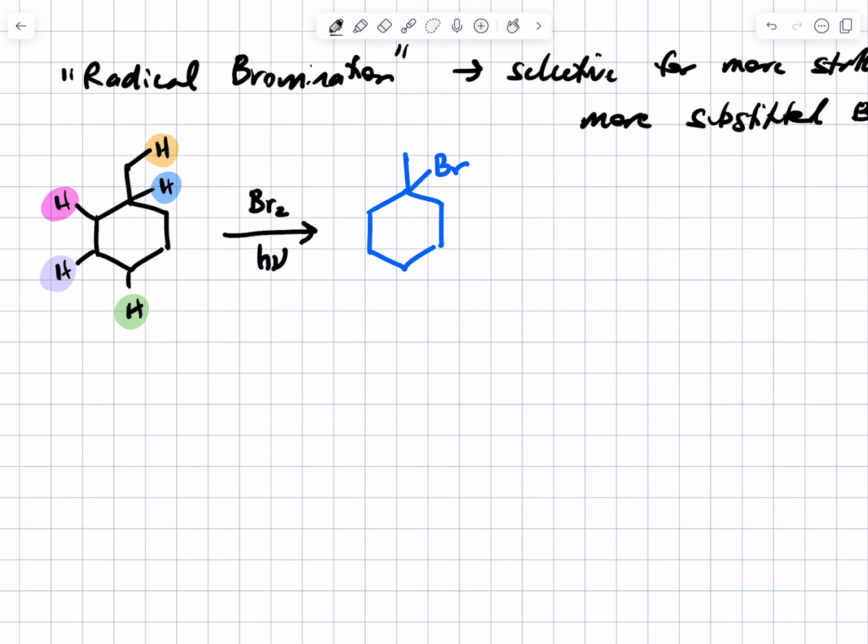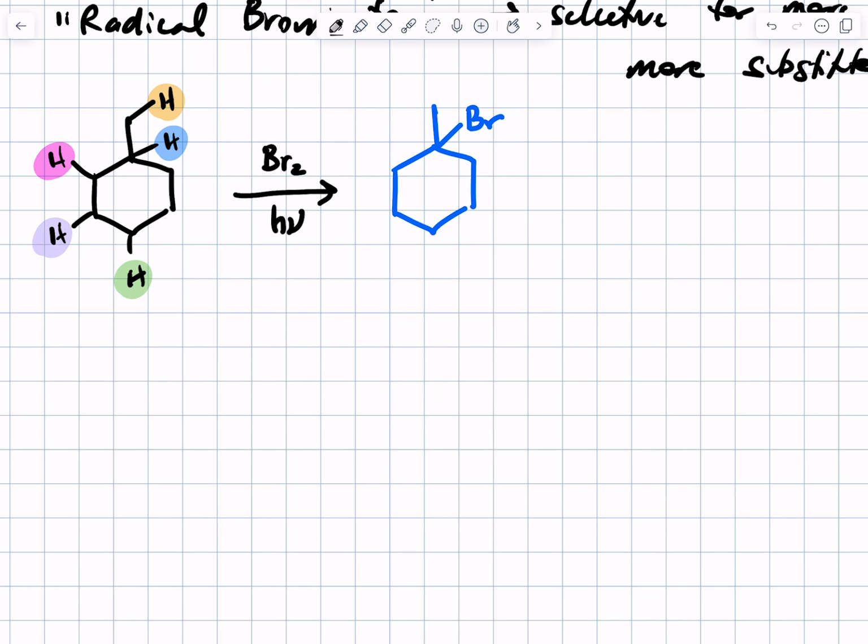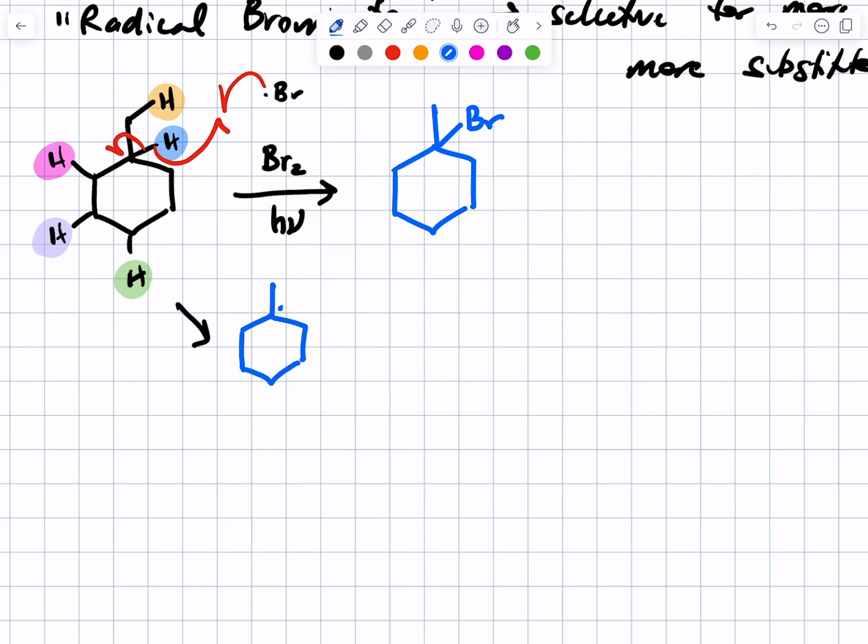So remember, the first step of radical bromination after the initiation step is hydrogen atom abstraction, and bromine radical selectively abstracts the most substituted hydrogen so that you can make the more stable tertiary radical intermediate.